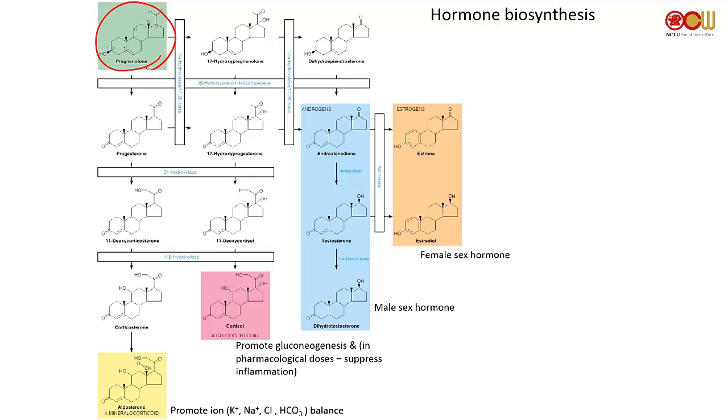In addition to your sex hormones, you also have a lot of other types of hormone messengers. For example, you have things that can regulate your potassium, sodium, chloride, and bicarbonate balances. Or you can have things that promote gluconeogenesis, and in pharmacological doses, it can suppress inflammation. This is actually very interesting. Cortisol is a type of steroid immunosuppressant.